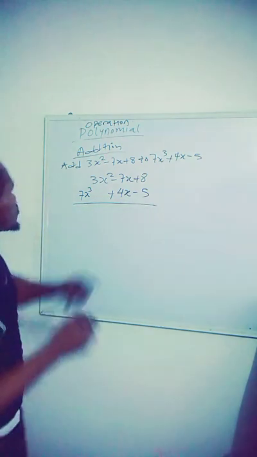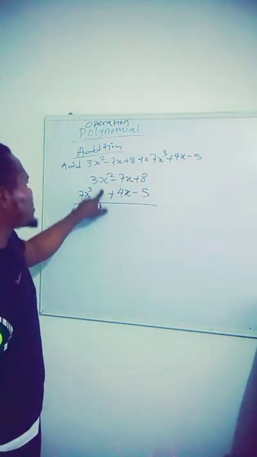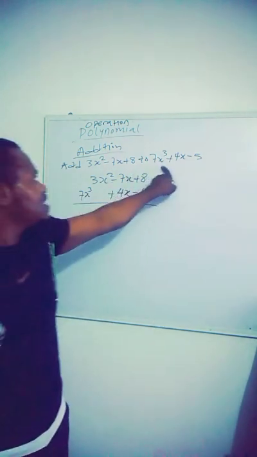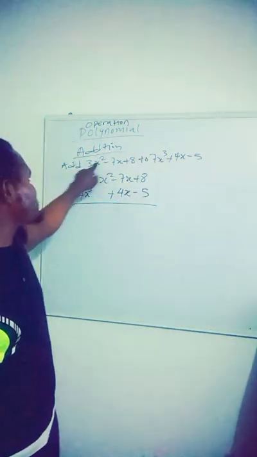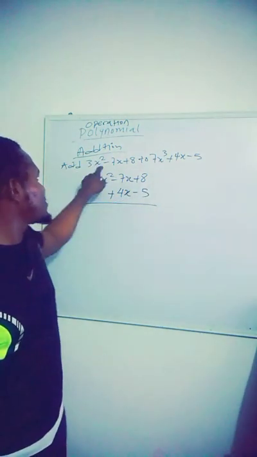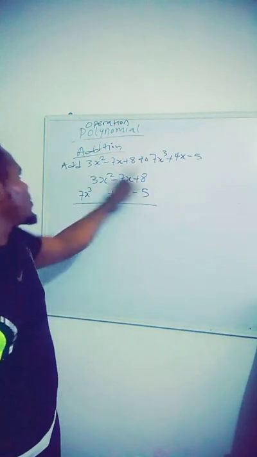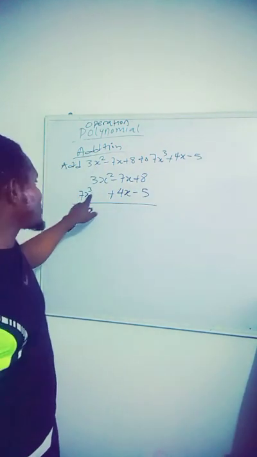Why do I choose not to write anything under 3x squared? Because here there's no power of 3, but there's power of 3 in the other. So that's why I split it this way.